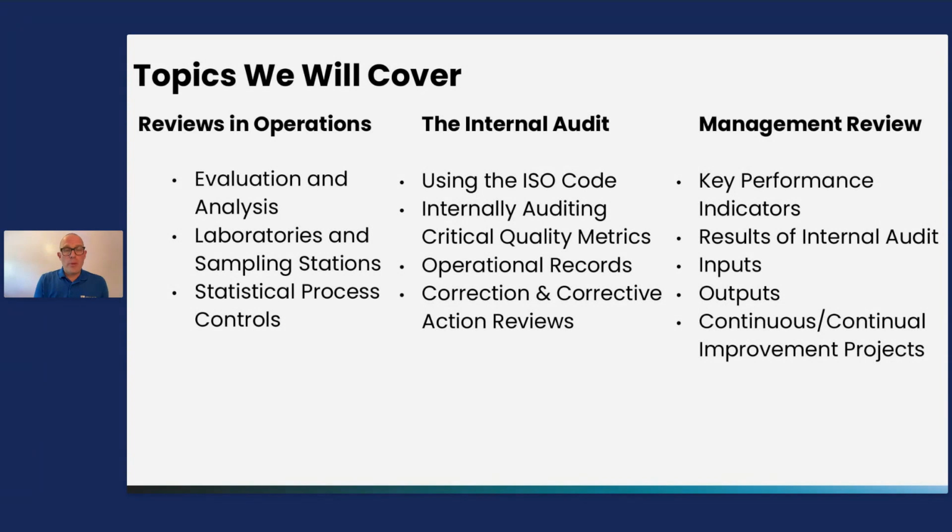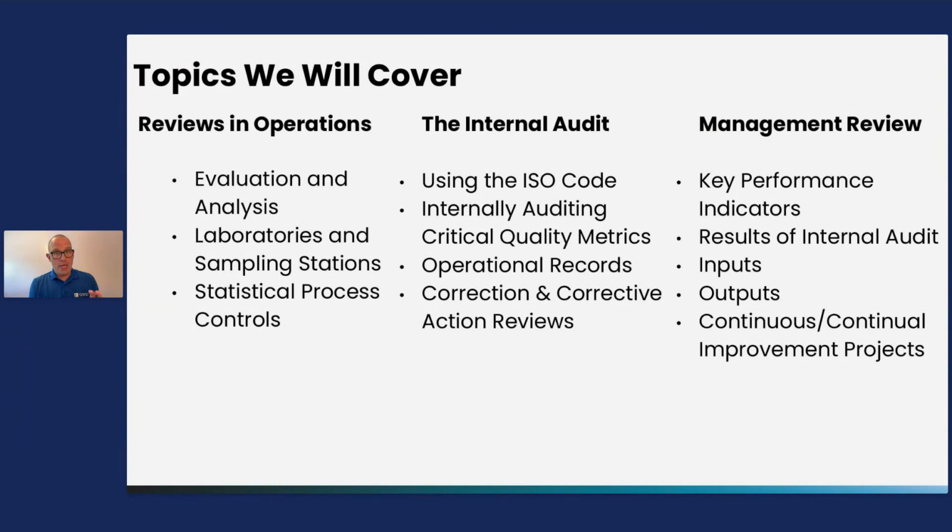On the third column in management review, you'll notice that we have key performance indicators. These are also concepts that we have talked about. I have introduced the critical quality metric. The key performance indicator is a long present terminology in quality management systems and in business.